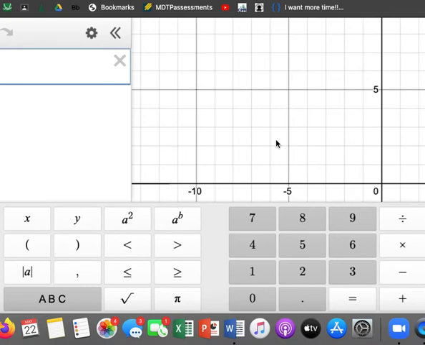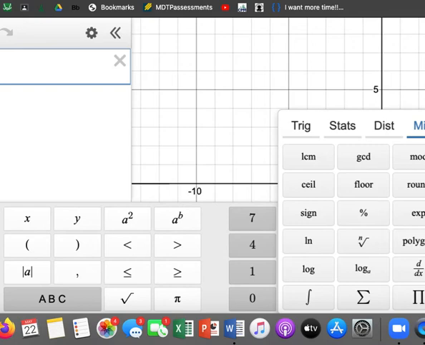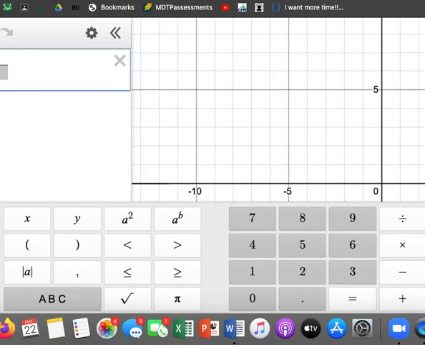At the bottom right, there's a button called Functions that you're going to see on Desmos, and I'm going to go ahead and click on that. Here it is. Right up here, I'm going to put a 6. That's going to be my 6th root, meaning I'm looking for what number multiplied 6 times gives 1.33.